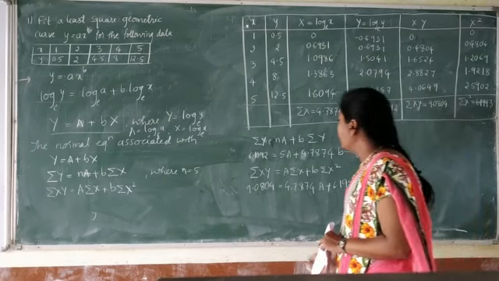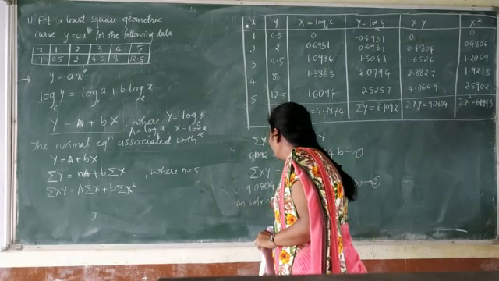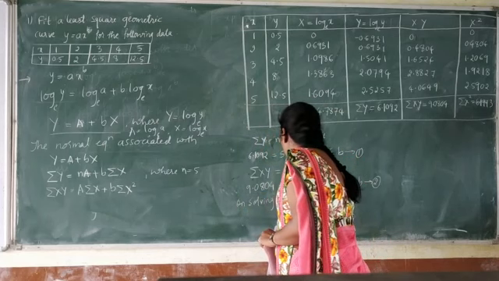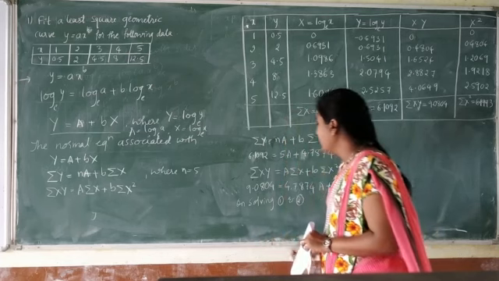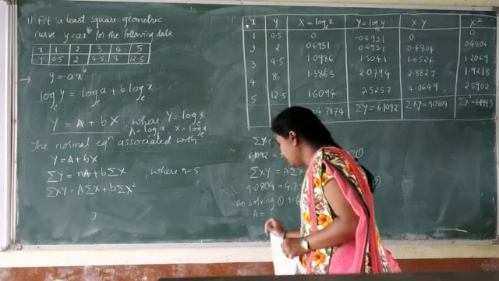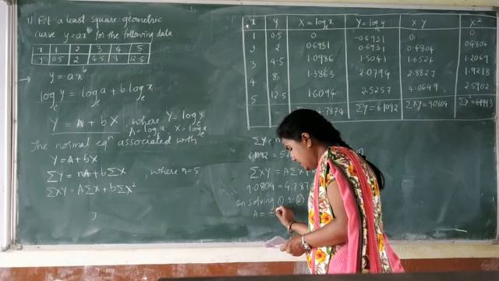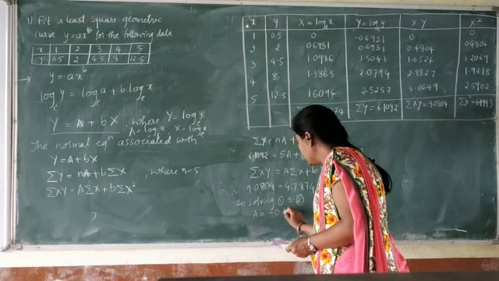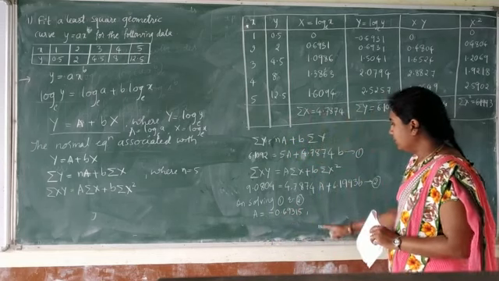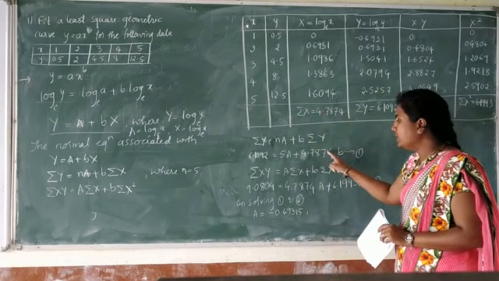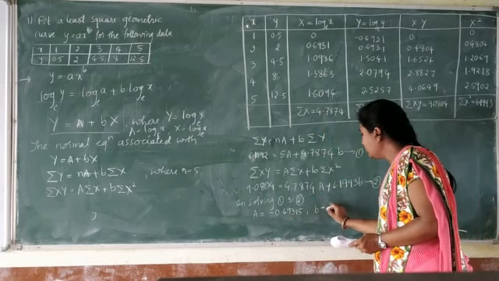Next, on solving 1 and 2, we are going to get the values of capital A and B. First, capital A value: on solving equations, we are getting A is equal to minus 0.69315. Next, after substituting the value of A in any of these equations, we obtain the value of B is equal to 2.